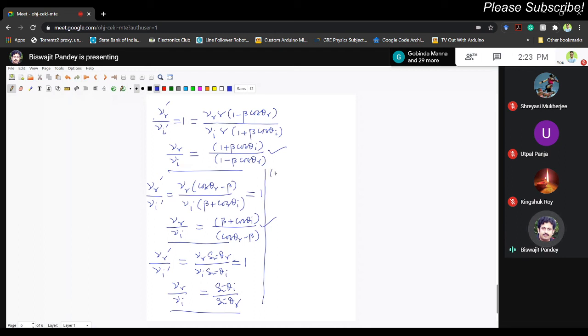I write (1 plus beta cos theta I) divided by (1 minus beta cos theta r) should be equal to (beta plus cos theta I) divided by (cos theta r minus beta). Maybe I should go to the next page, otherwise it will be difficult to understand.